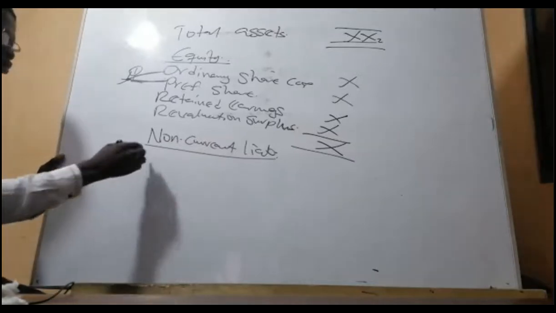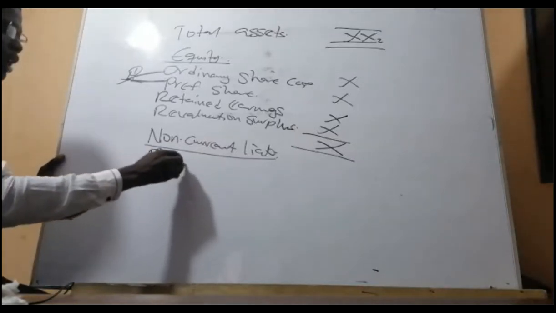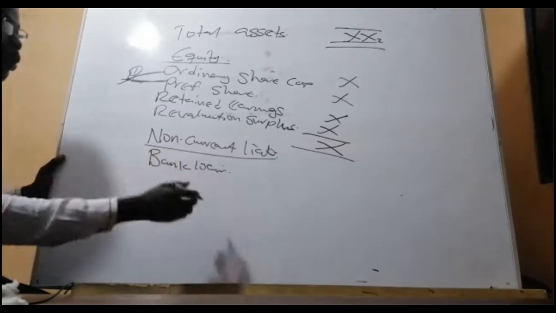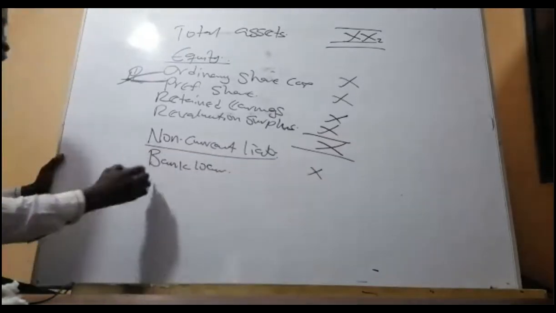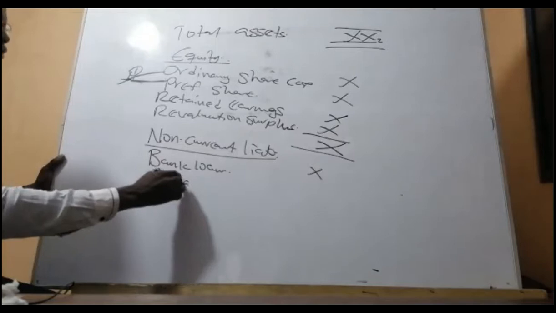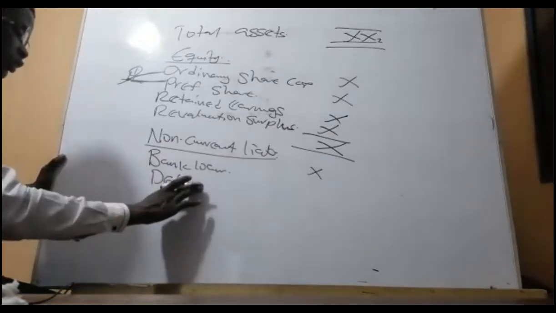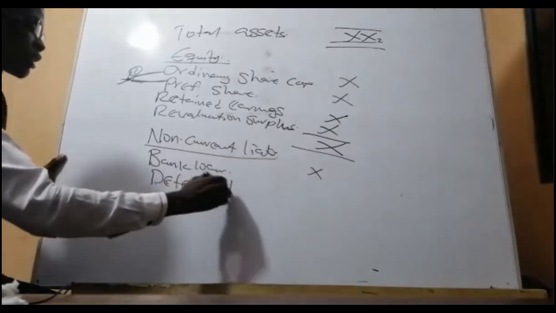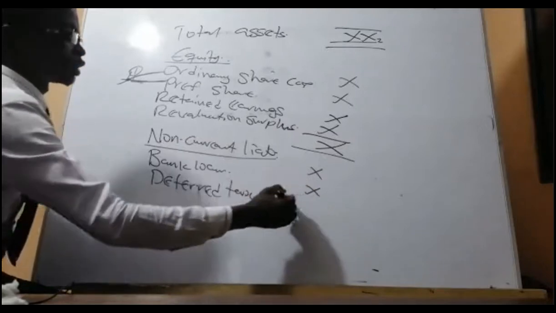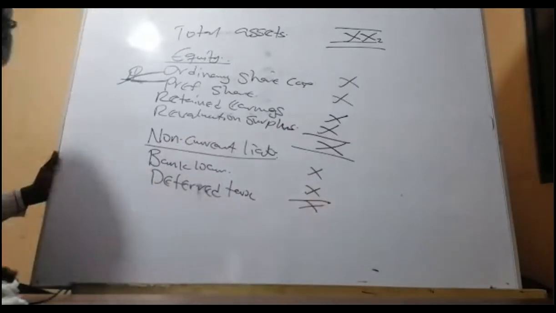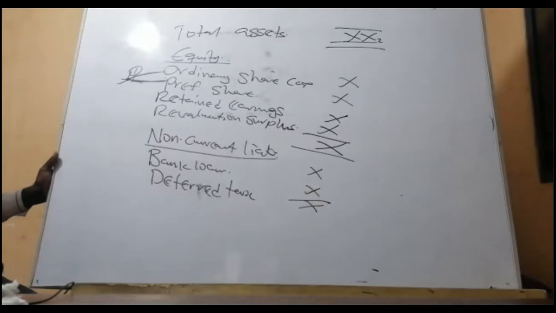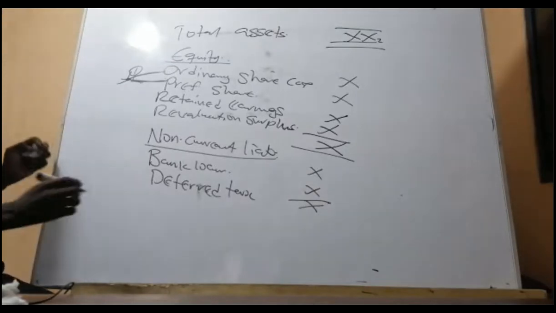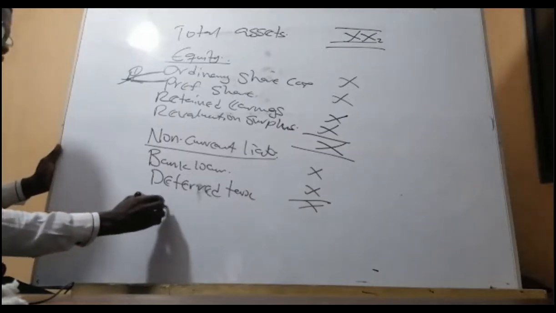Long-term loan. You have bank loan, so much. And then deferred tax liability. Then this becomes the total non-current liability. Have you seen how the format is? Good. That's fine. Then you go to current liability.